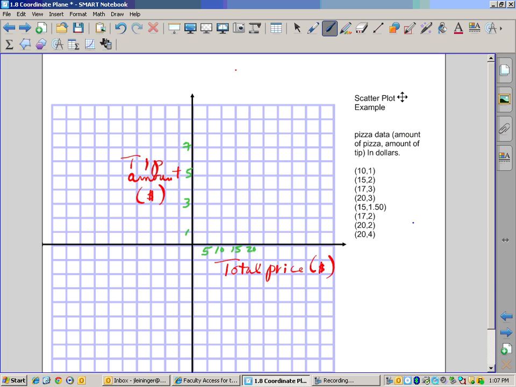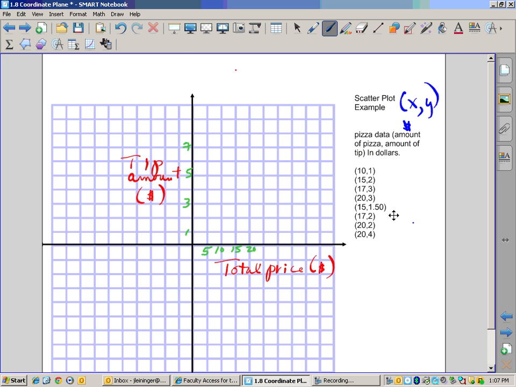The x coordinate is the amount of pizza in dollars, and the y coordinate is the amount of tip I received, again in dollars. I guess I should have put dollar amount, not amount of pizza, because I don't care how many pizzas they ordered. Dollar amount of pizza, and the amount of the tip in dollars.